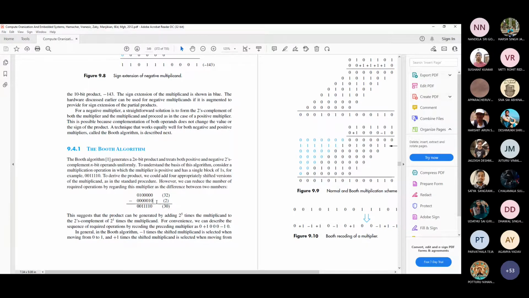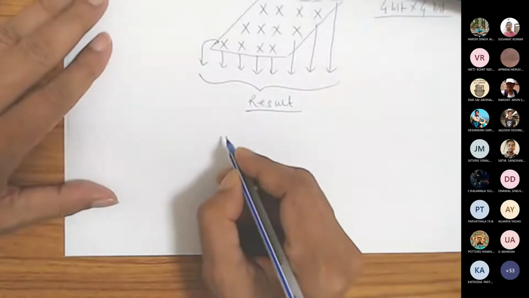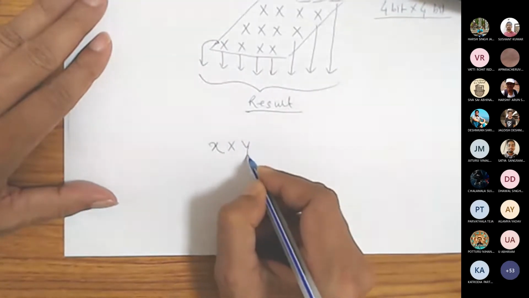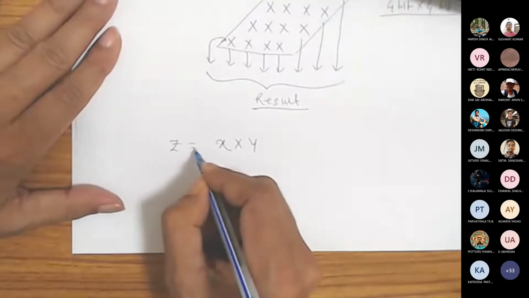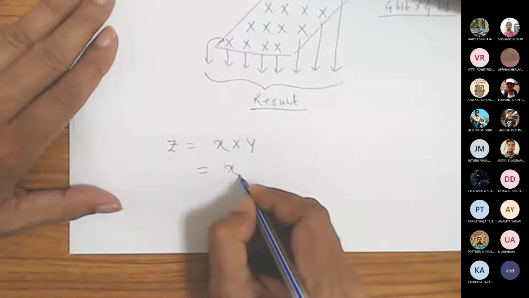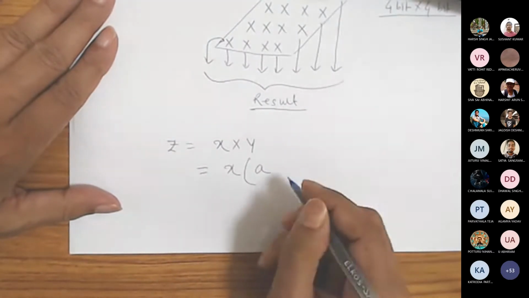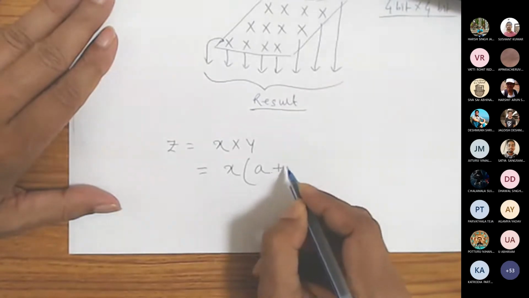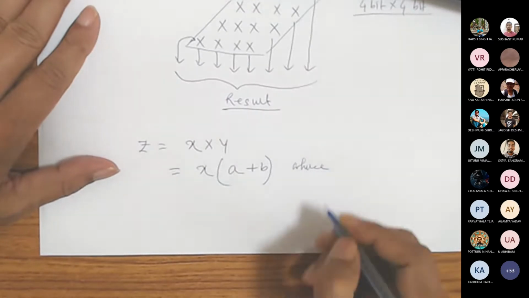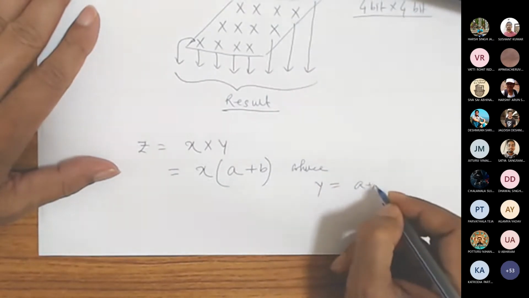1. So essentially what I am saying here is, let me again switch on my camera. What I am saying is that if z equals x into y, what we are trying to do is that we do z equals x into (a plus b), where y equals a plus b.